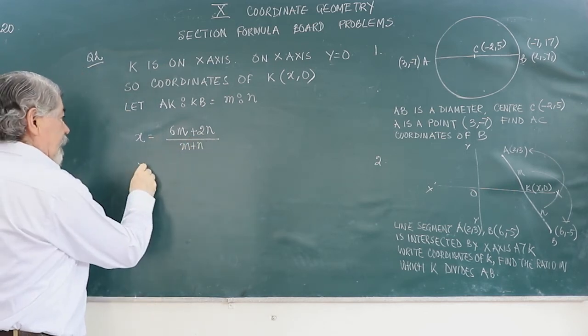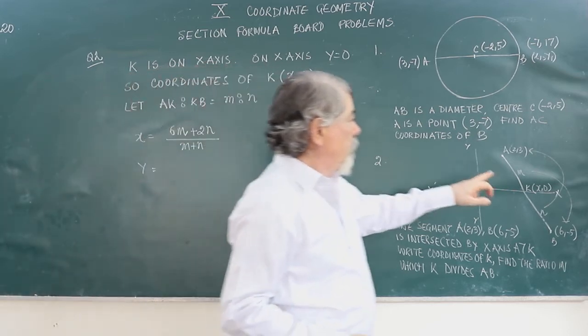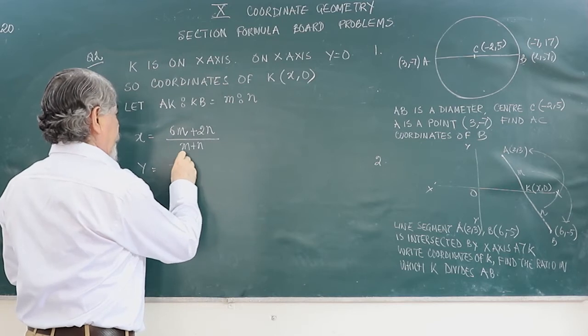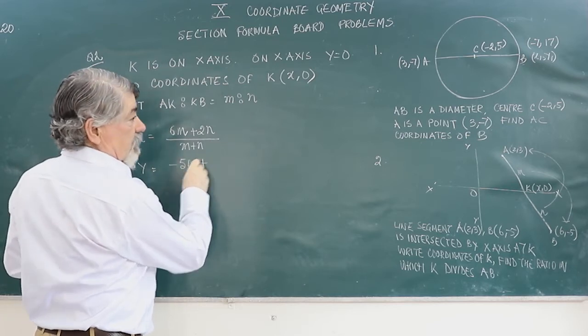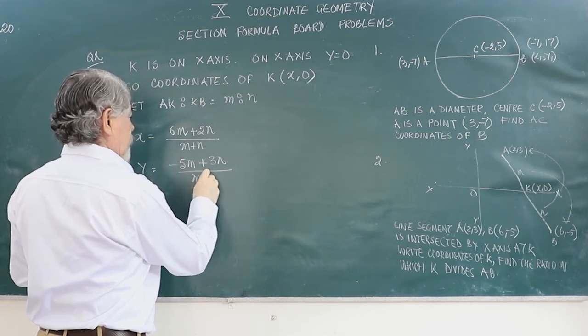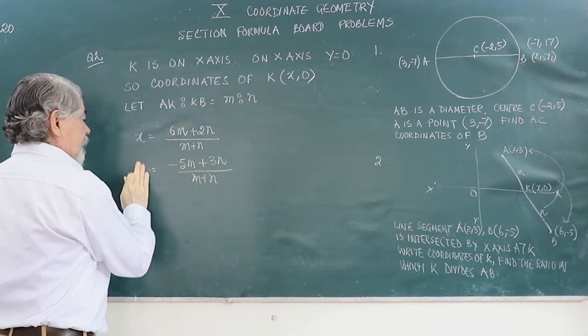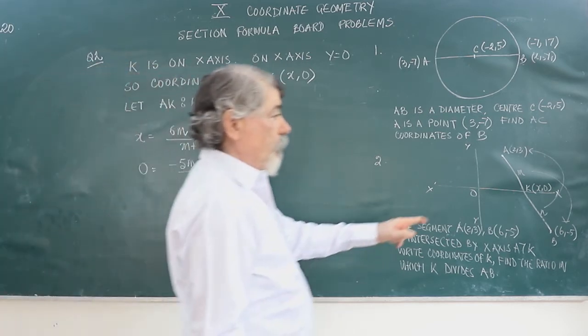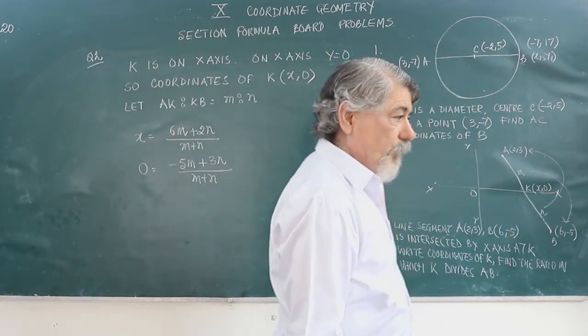And y we will get as what? M into minus 5, minus 5m plus 3n upon m plus n. But please remember y is 0. Y coordinate is here 0.